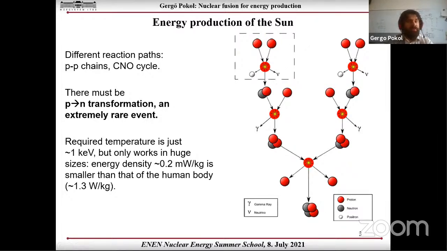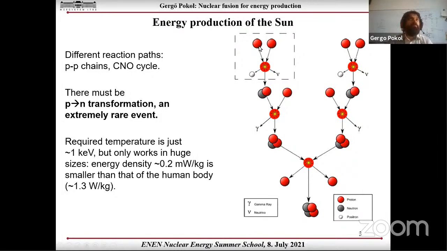So actually, it takes for the sun to burn all its fuel about 10 billion years. And actually, it's kind of nice because it gave us enough time to evolve and to be beings that can think about what the sun does.